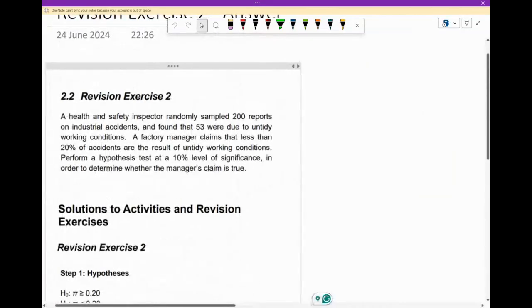Revision exercise 3. In fact, let me just say this. We'll just discuss even revision exercise 3. What you guys need to go and do, you need to go and revise this learning unit, go through the examples, and then go back to these revision exercises and do them again. Those examples on the slide.